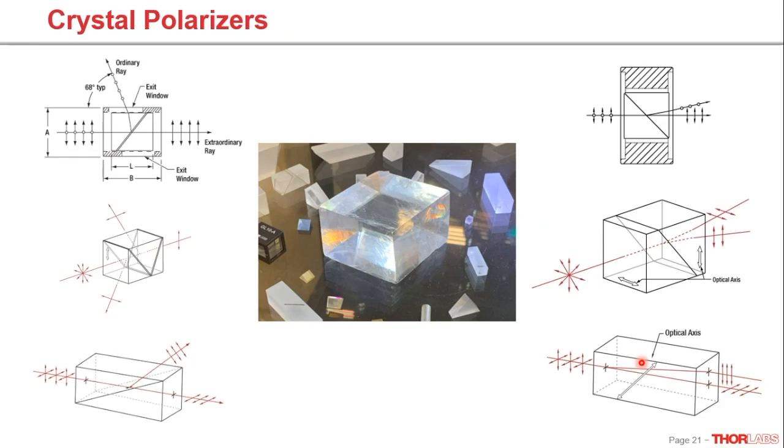These crystal polarizers are a bit of a specialty of ours. Fabricating prisms from calcite lead to many geometries with various benefits. Let's take a look at some of them here. We see with this example the Glan laser or Glan Taylor type.